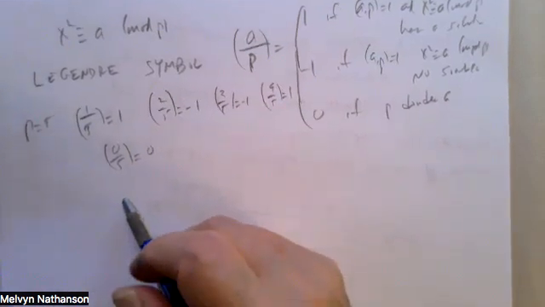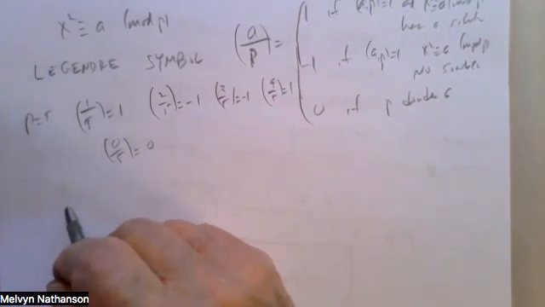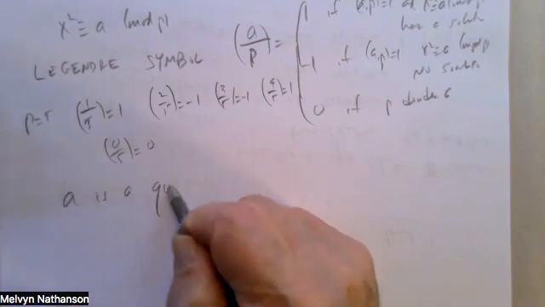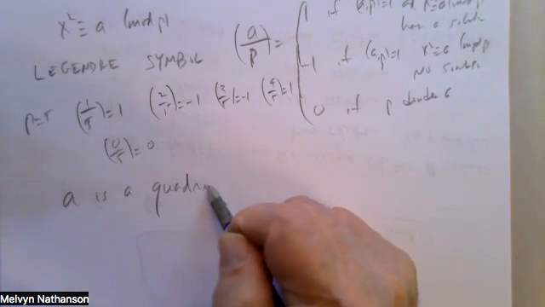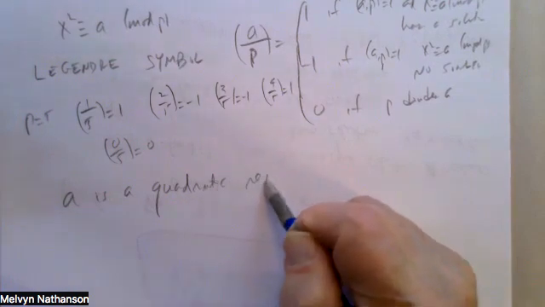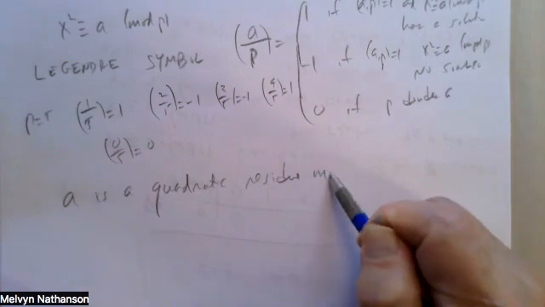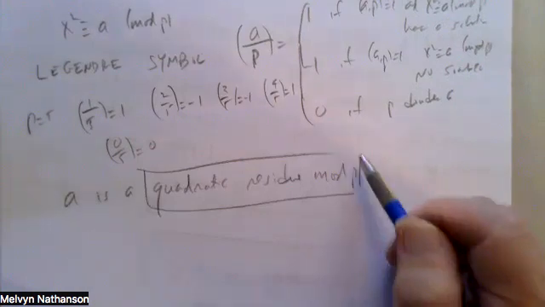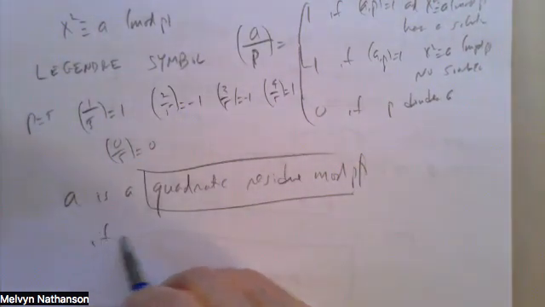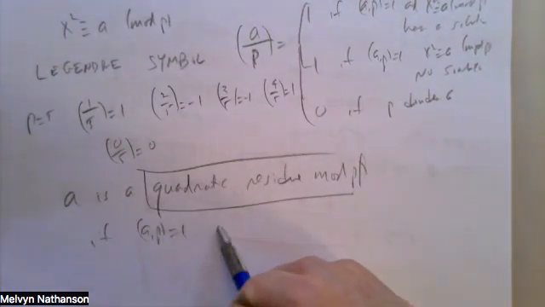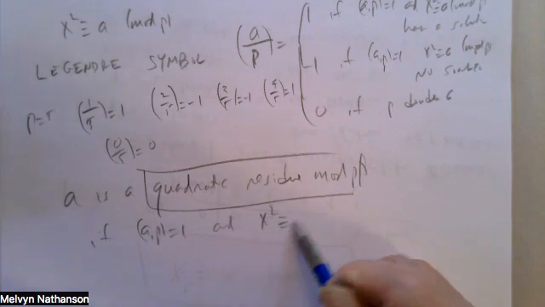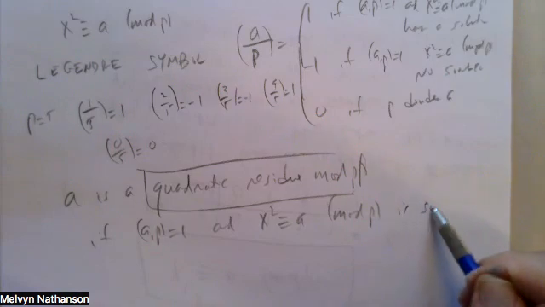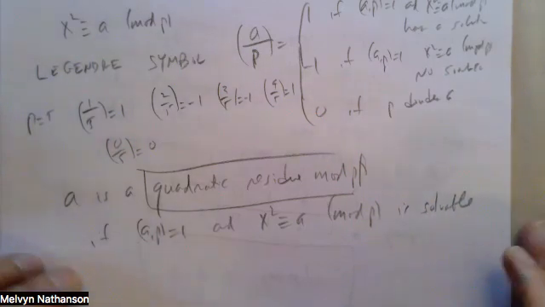And there's a language we use: a is a quadratic residue mod p if a is relatively prime to p and x squared congruent to a mod p has a solution, is solvable.